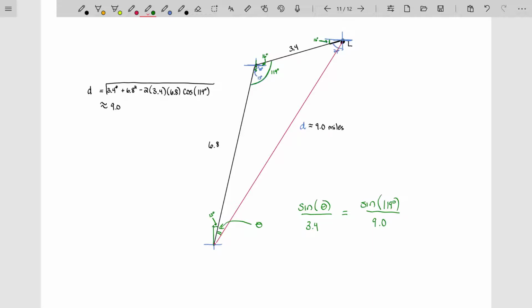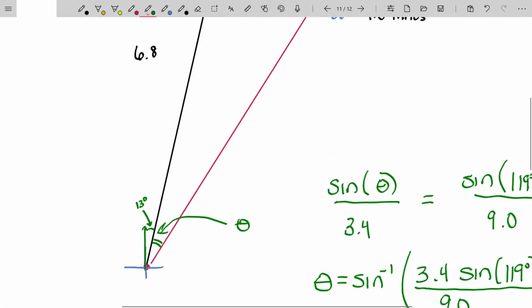So I'm going to use the exact value in my calculator, but this tells me that theta will be sine inverse of 3.4 times the sine of 119 degrees divided by my rounded value, which I'm not going to use. I'm going to use my calculator's exact value if I can. So grabbing my calculator, here I go. I get roughly 19.4 degrees.